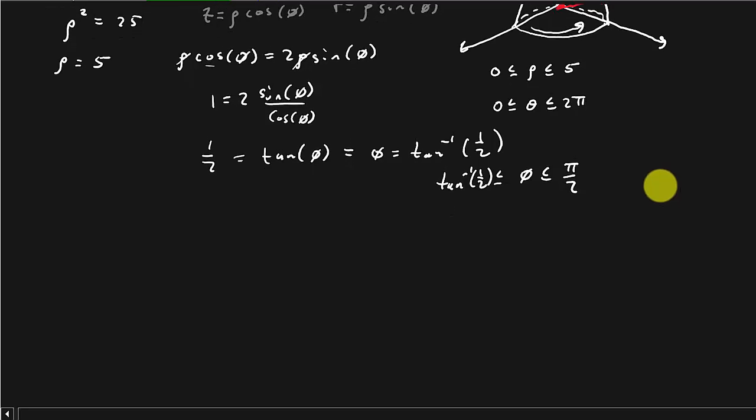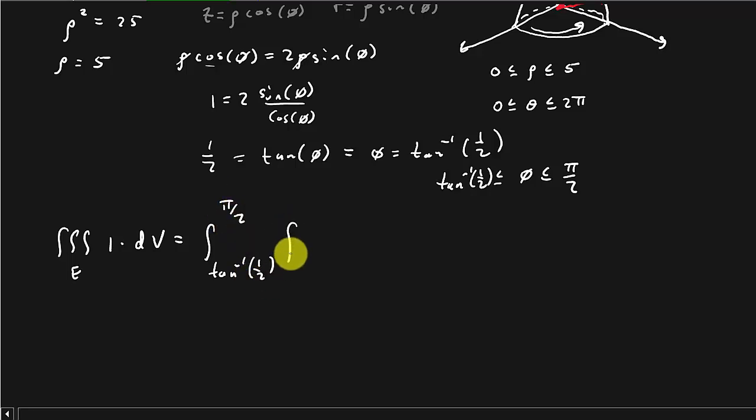All right. Now, let's set up our integral. So if you look at this, we're looking for the volume. That's 1 dV, right? And we're going to write this in spherical coordinates. So we're going to get the integral from inverse tan 1/2 to pi over 2, and then the integral from 0 to 2 pi, and then the integral 0 to 5.